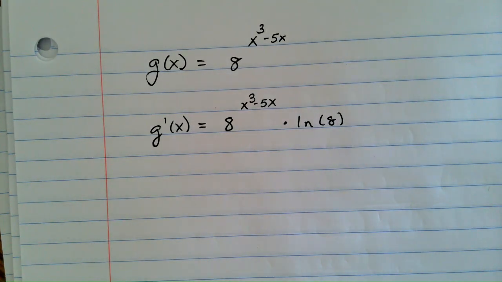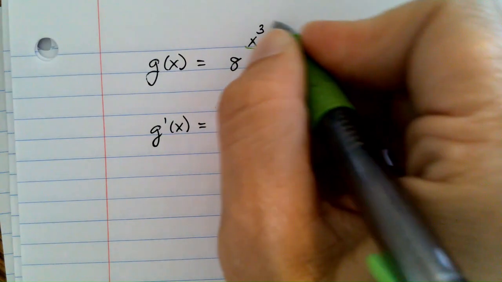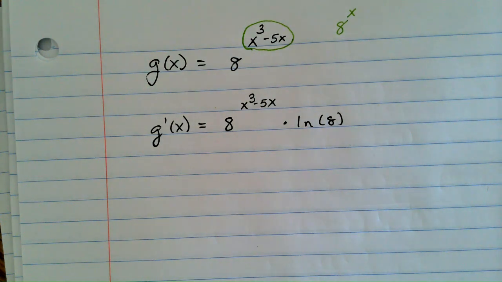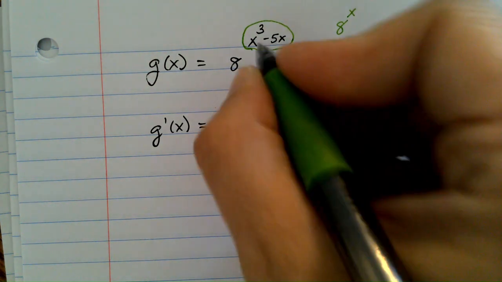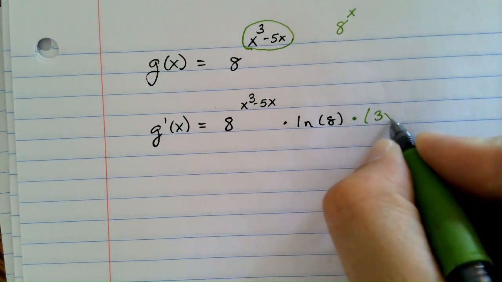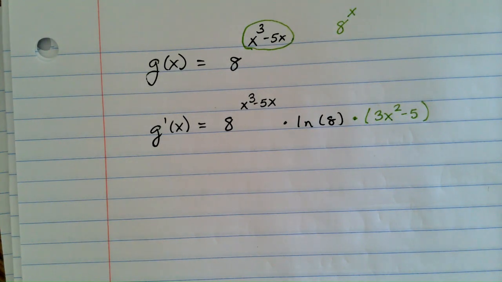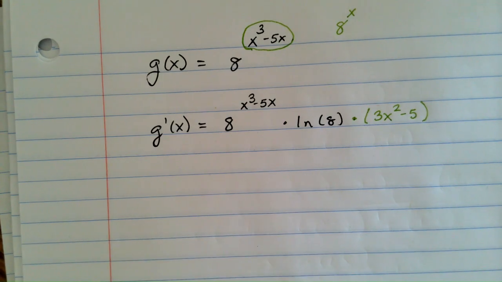However, we didn't just have 8 to the x, we had 8 to a complicated thing. So that means this right here is an equation that's been put inside the 8 to the x equation. So now we have to multiply by the derivative of that. So make sure that you're chaining everything together correctly.